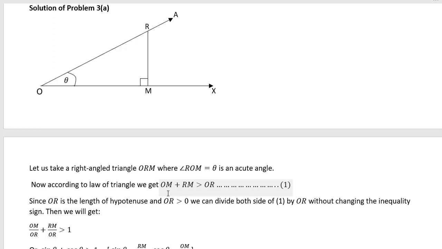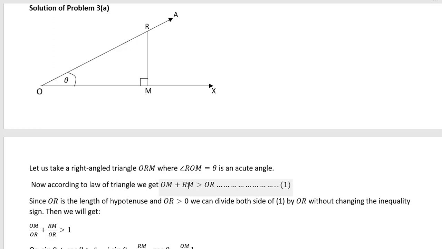Base by hypotenuse means cos theta, and perpendicular by hypotenuse means sin theta. So if we divide this inequality by OR, then we will get sin theta and cos theta on the left side.